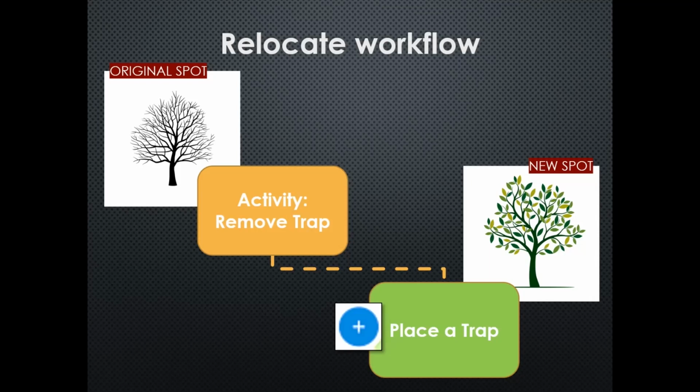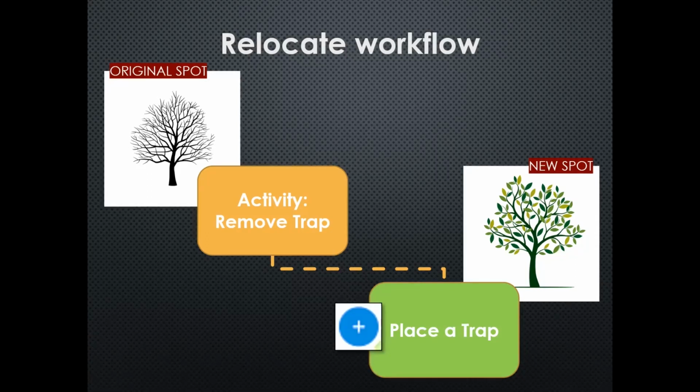That symbol on the map will remain. That's correct, and that's really important to data capture. The whole history of that trap location is recorded and retained, with the last activity being remove. So you'll still see that trap symbol on the map, but the last activity you just entered will say that it was removed.